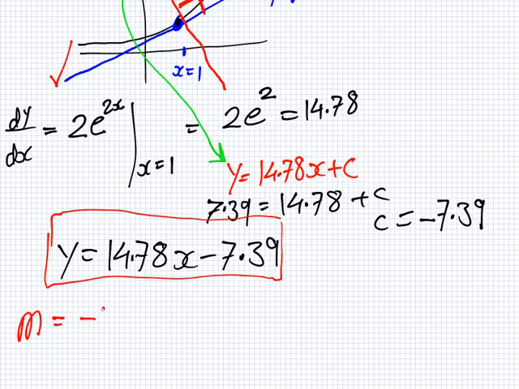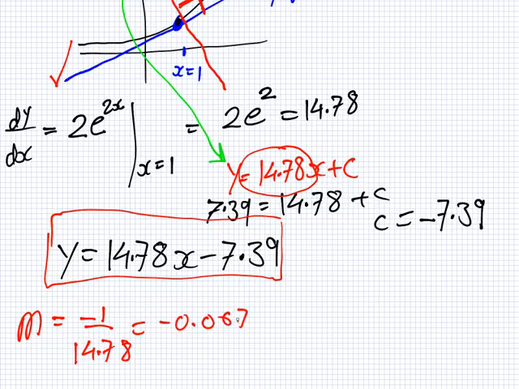It'd be minus 1 over the last slope. So minus 1 over 14.78. Minus 0.0676.